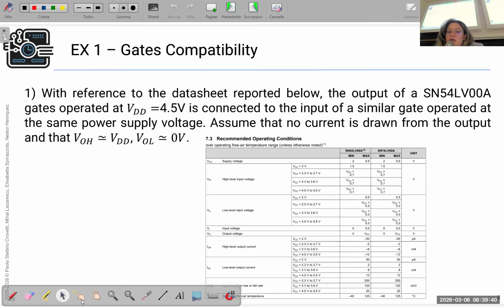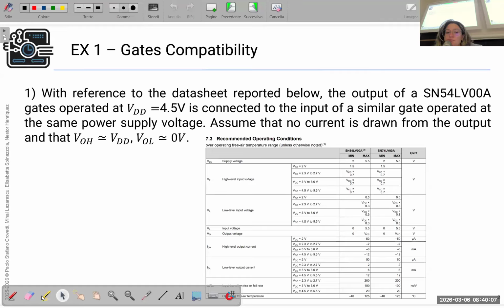As you can see, in the datasheet VCC is reported, which is the supply voltage. In the datasheet, everything is clearly specified so that you can't misunderstand anything. In this case, VCC is our VDD, because I told you that the gates operate at VDD equal to 4.5.